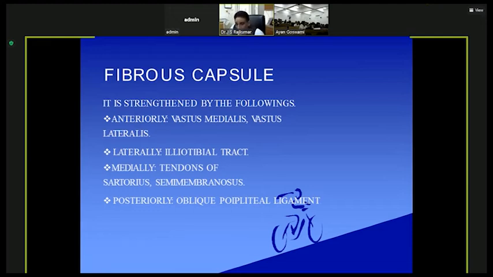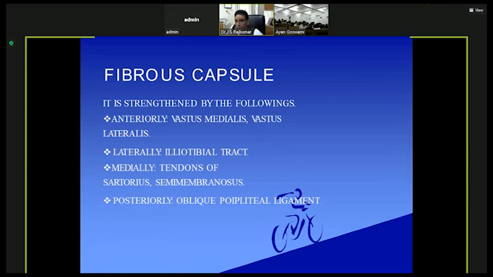Medially, the capsule is strengthened by the tendons of sartorius and semimembranosus. All right, so anteriorly, the quadriceps, namely the vastus medialis and the vastus lateralis on either side of the patella. The vastus medialis is medial to the ligamentum patellae, and the vastus lateralis is lateral.